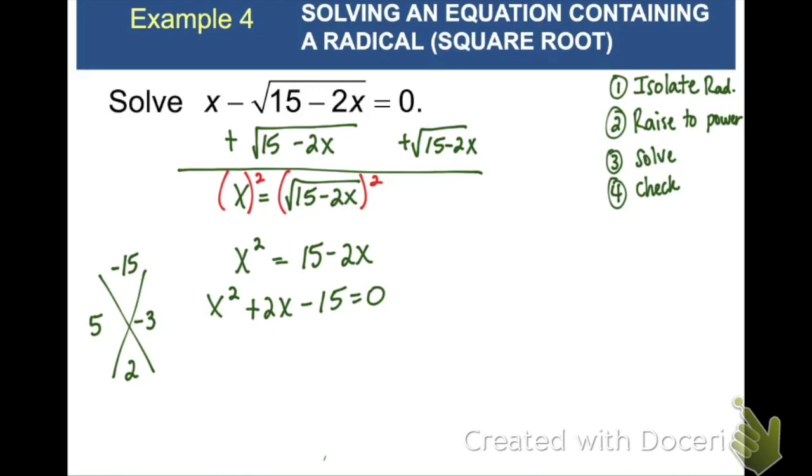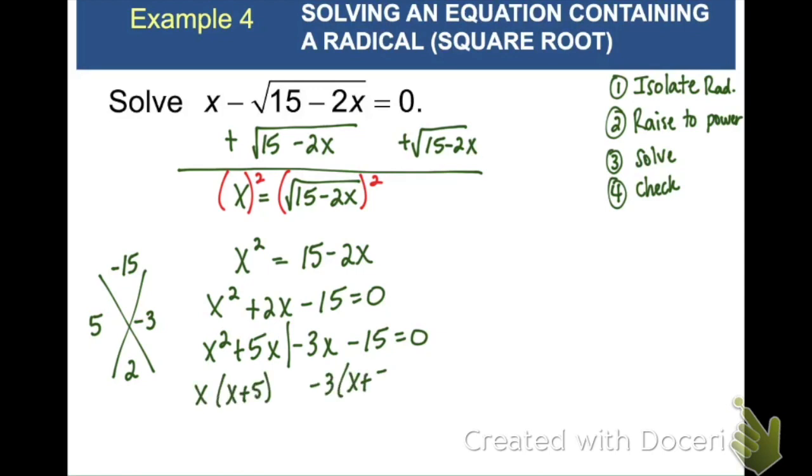Now the two numbers that multiply to negative 15 and add to 2 are 5 and negative 3. So now we'll replace our 2x term with 5x minus 3x and factor by grouping. To solve, we need to set each of those equal to 0 and solve.